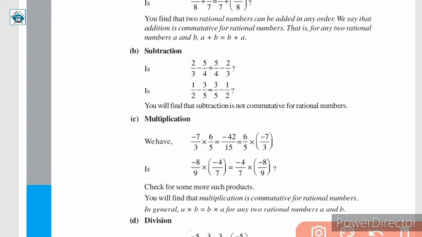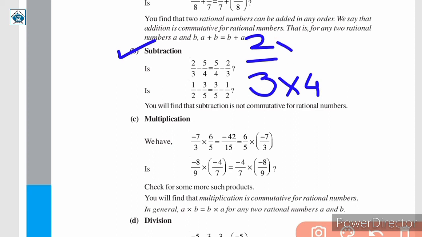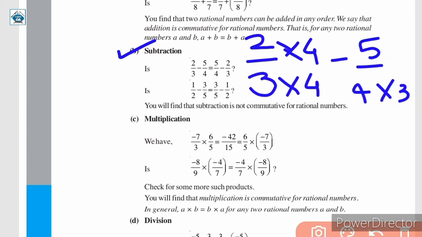Let us now consider the next operation, subtraction. When you subtract these rational numbers, here we are asked, are they equal? So when you subtract 5 by 4 from 2 by 3, 2 by 3 minus 5 by 4, let us firstly take the LCM, which is 12. So multiplying the first rational number by 4 and minus 5 by 4 multiplied by 3 on the numerator and the denominator.